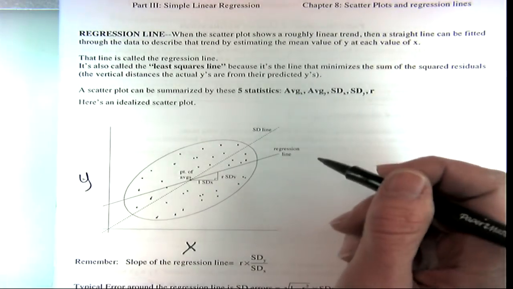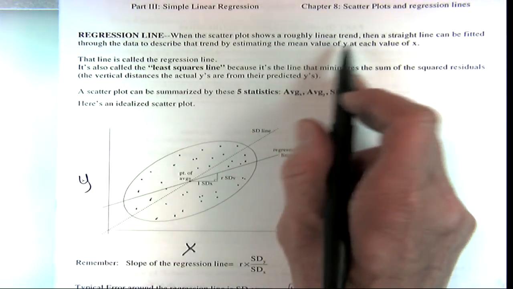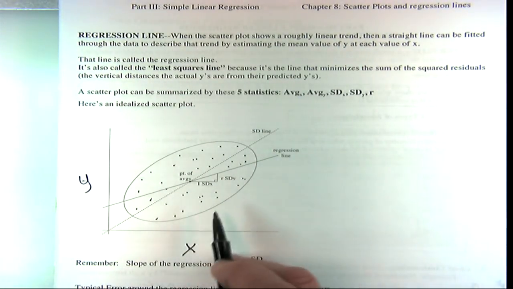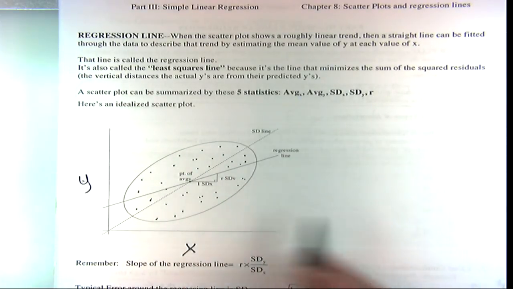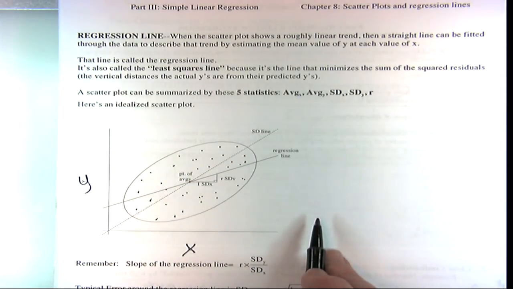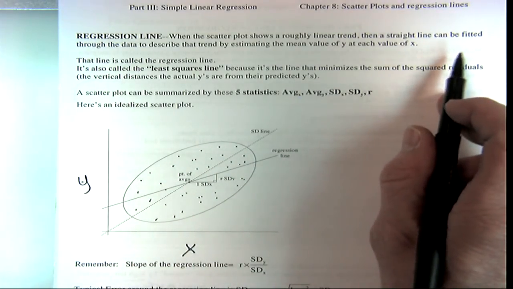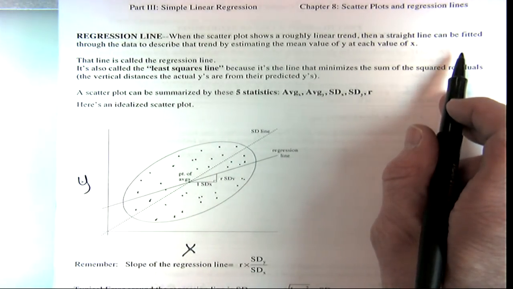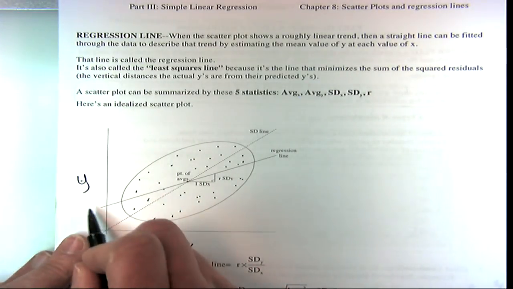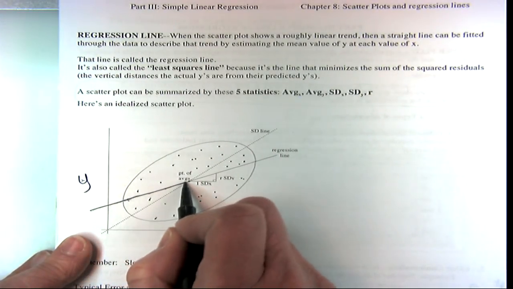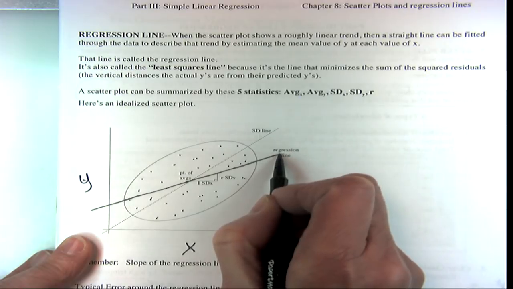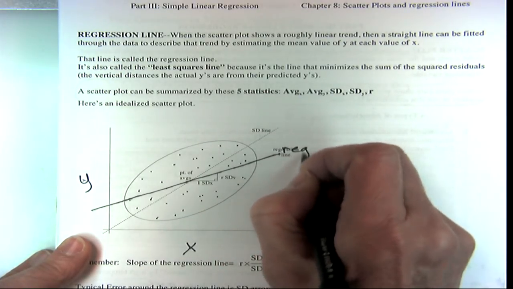So you have that, and if it follows a basically linear trend, instead of a curvy trend, like it could follow a curve, but if it follows a basically linear trend like this, and we can fit a straight line through it, then we can use this line as a prediction line, also called the regression line.